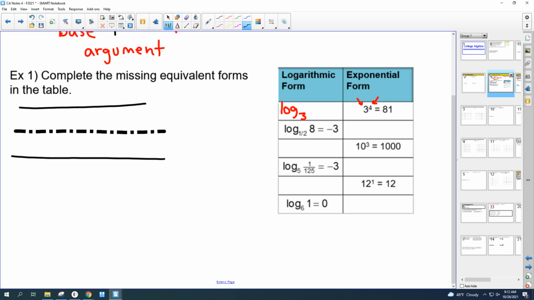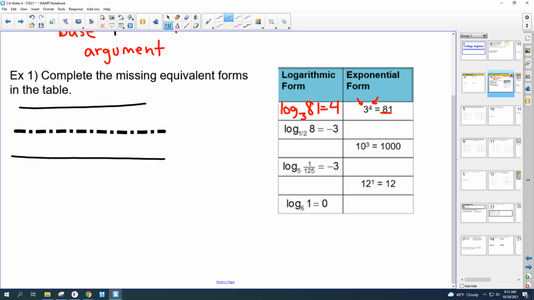We had paper that looked like this. So if I'm writing log base 3, well, let's continue. 81 is going to be the argument, and a logarithm equals the exponent. So we can write our logarithm like that. That logarithm says pretty much the same thing as the exponential form.